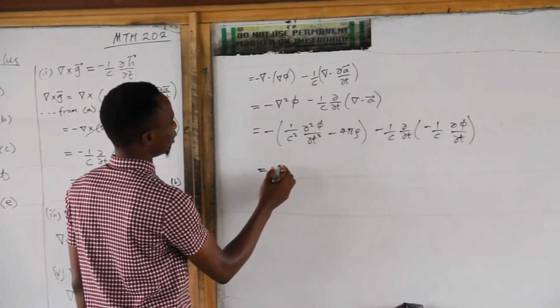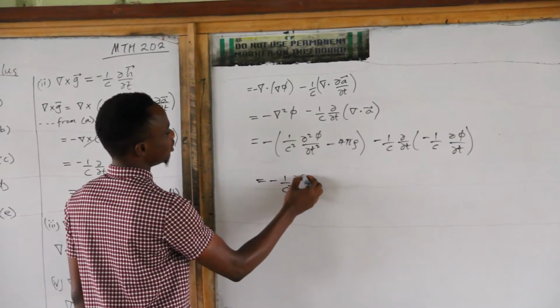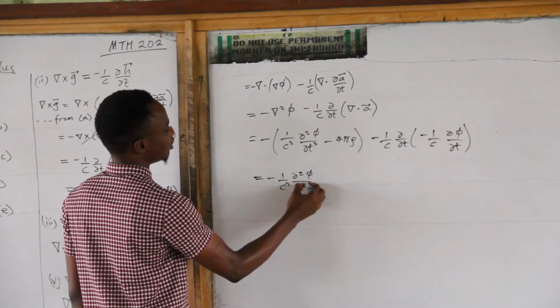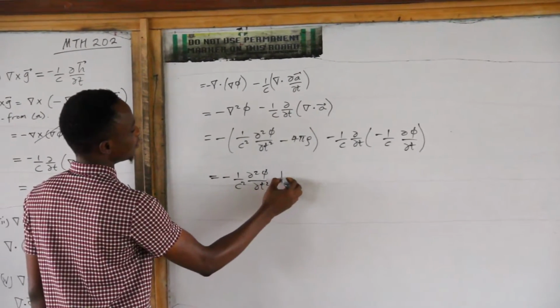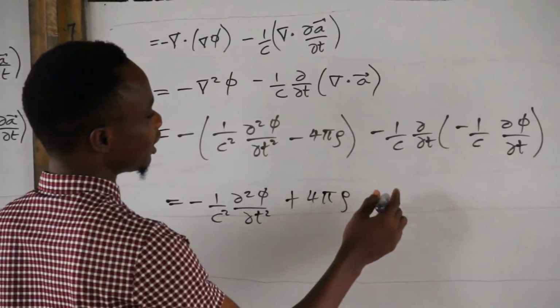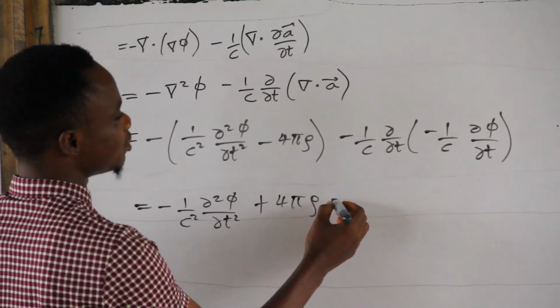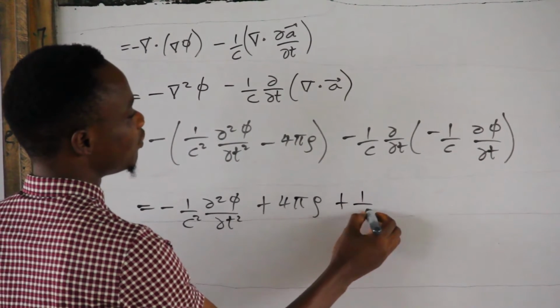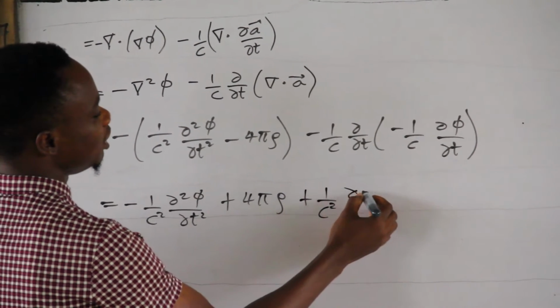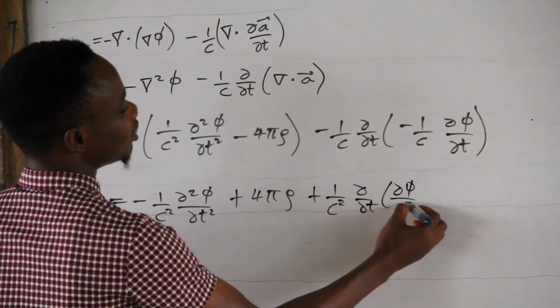We're going to have this to be minus 1 over c squared del square 5 del c squared then plus 4 by rho. When you open this bracket, notice a constant can be brought out, this is going to be equal to plus 1 over c squared, this will be del c of del 5 del c.